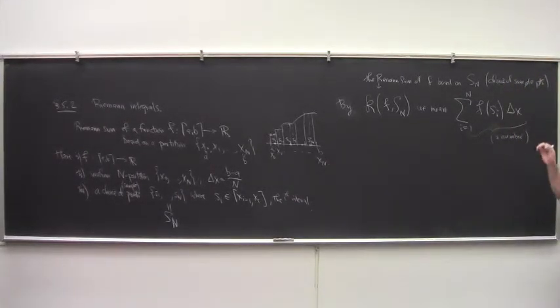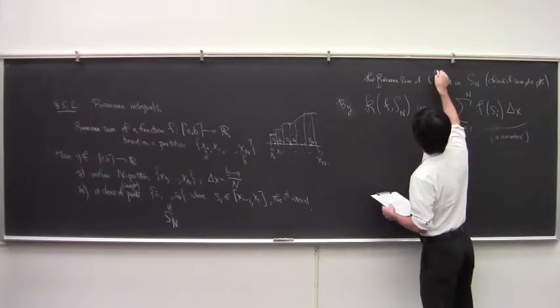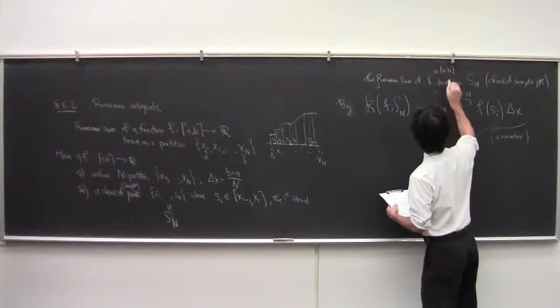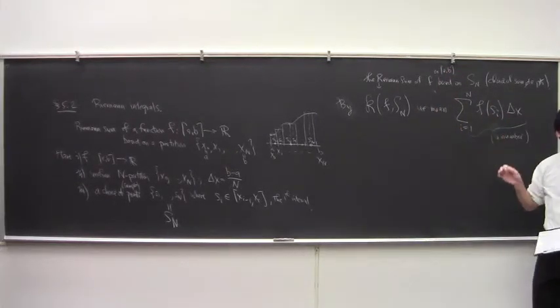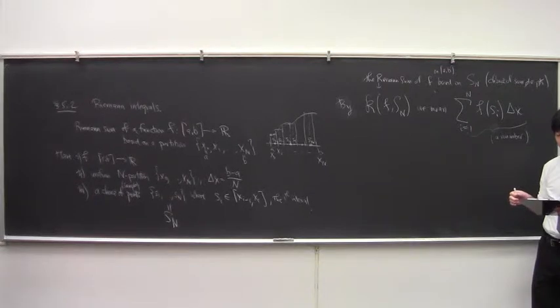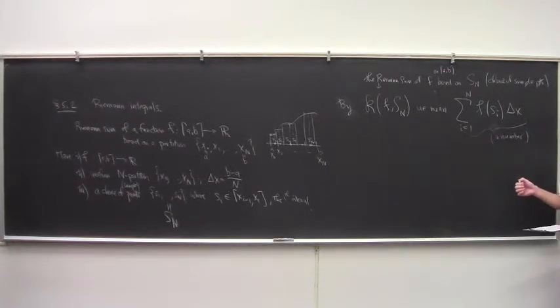Based on this choice, this is the Riemann sum of f on [a, b] based on this choice of sample points. Okay, so what's the difference between this and the right endpoint approximation?